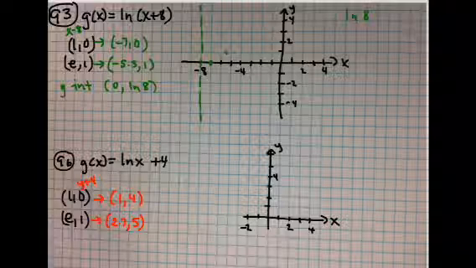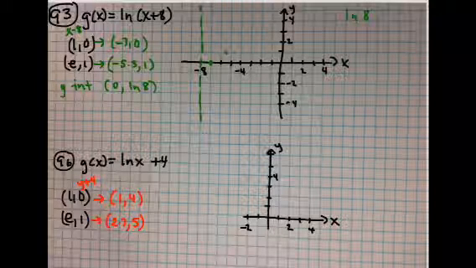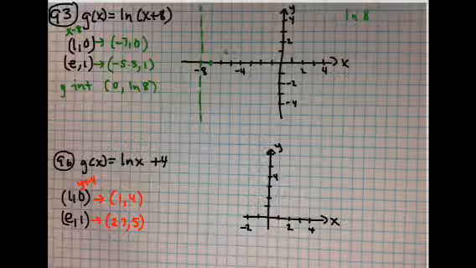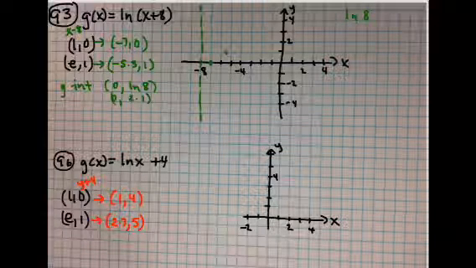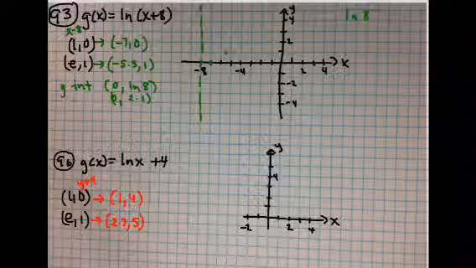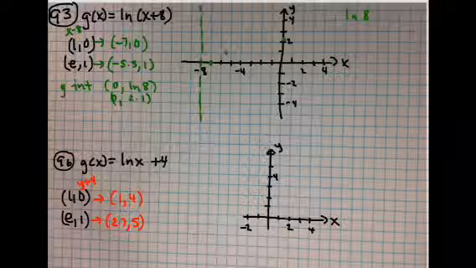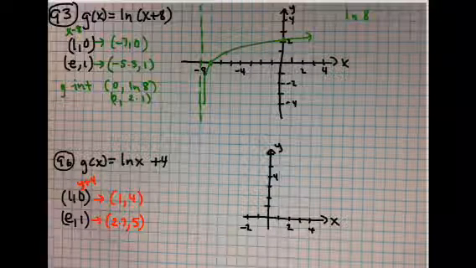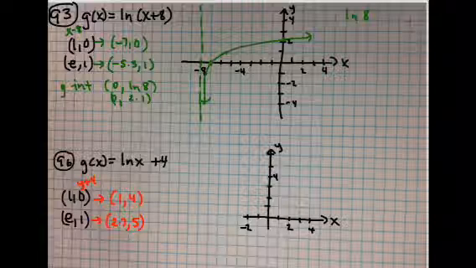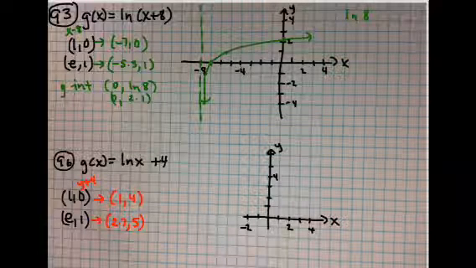So that would be natural log of 8, about 2.1. So 0, 2.1. That tells you where it crosses the y-axis. So about here. Okay? Connect the points. And there's the graph.